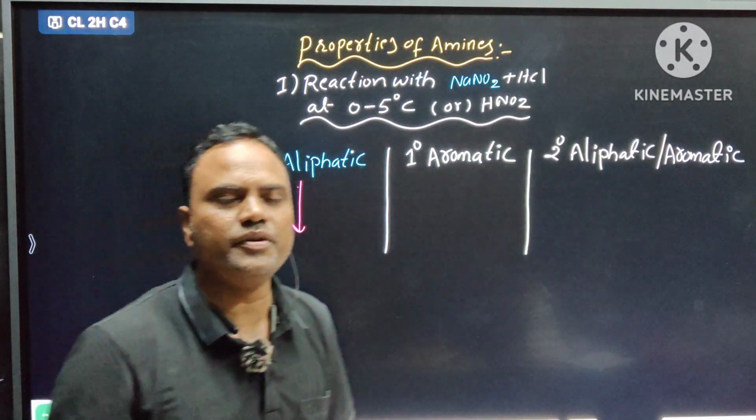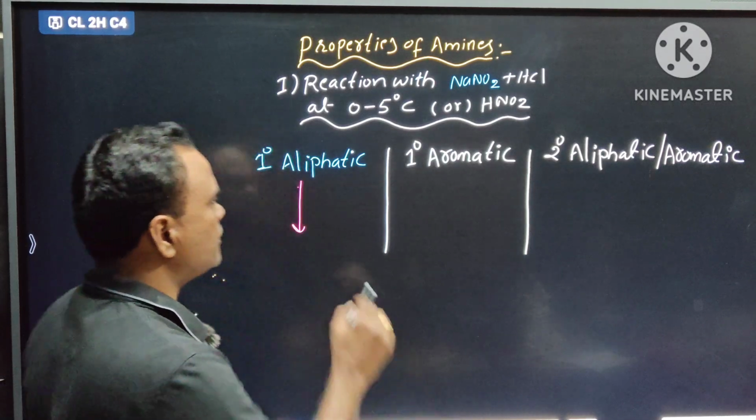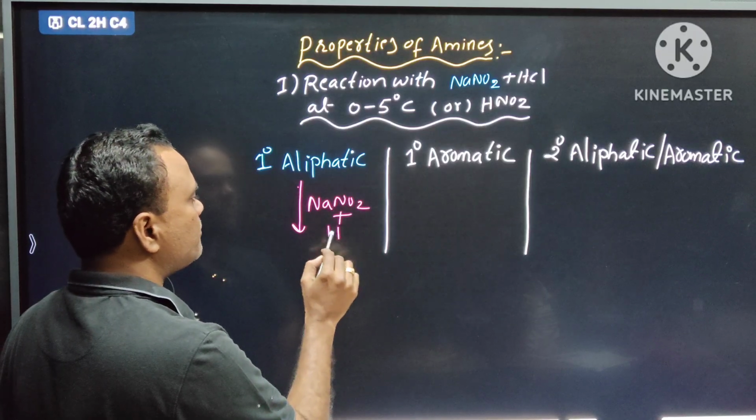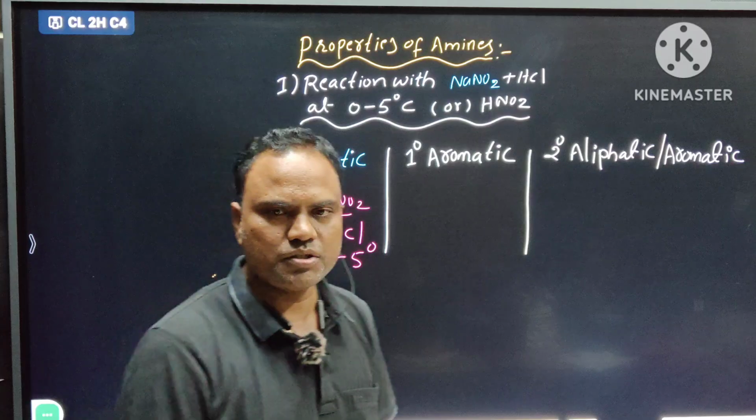Primary aliphatic amines when treated with NaNO2 plus HCl at 0 to 5 degrees centigrade. The temperature condition is very, very important. Temperature conditions. Okay.